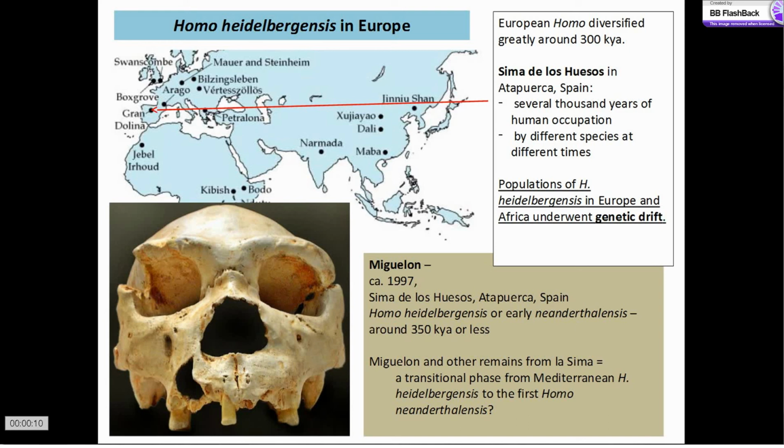But he was either a late, robust version of Homo heidelbergensis or an early Neanderthalensis. He might also be a member of his own species, Homo antecessor, but Homo antecessor in that case would be sort of a transitional species between Heidelbergensis and Neanderthalensis. He would have been living in Spain 350,000 years ago or less.